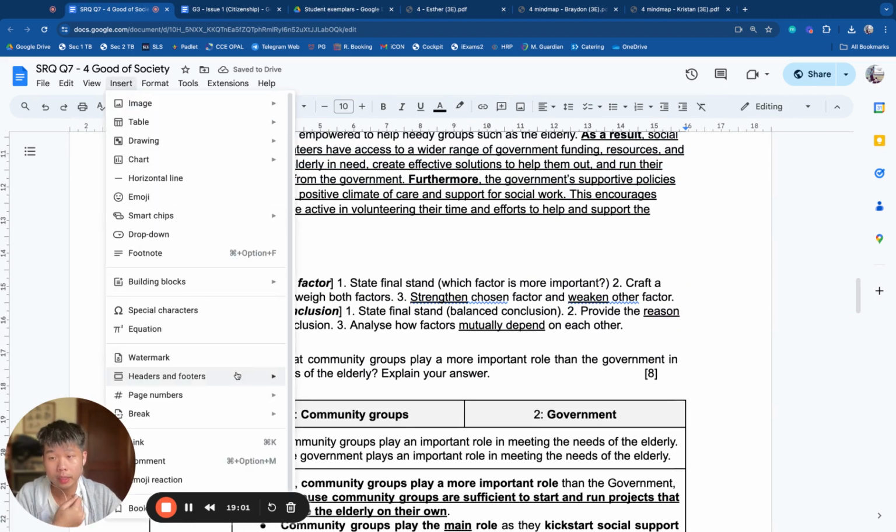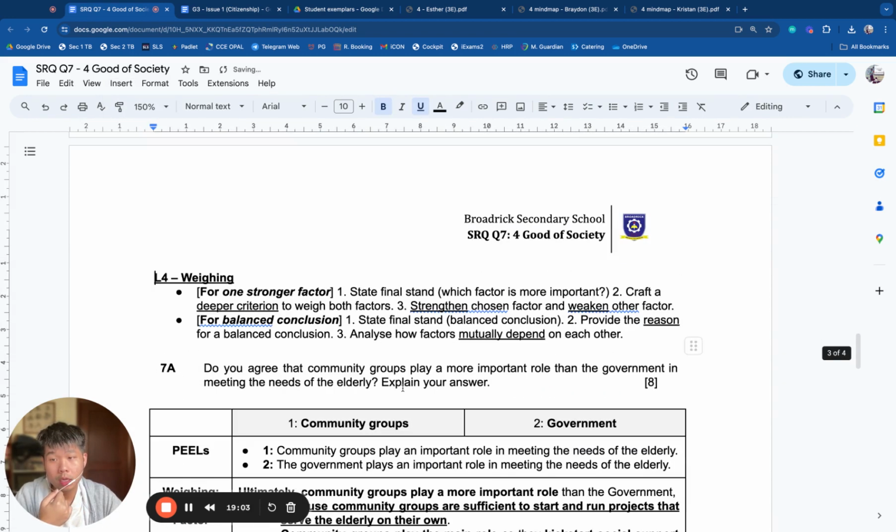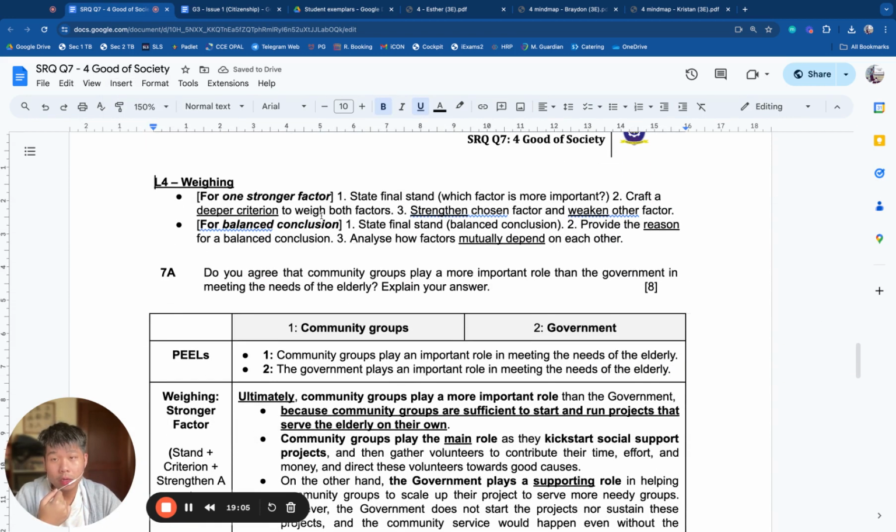And for weighing, and this one now you can flip to page 2. The last lesson, I taught you how to weigh by saying that one factor is stronger and one is weaker, using a deeper criterion. So one method I taught you was the stronger factor method.